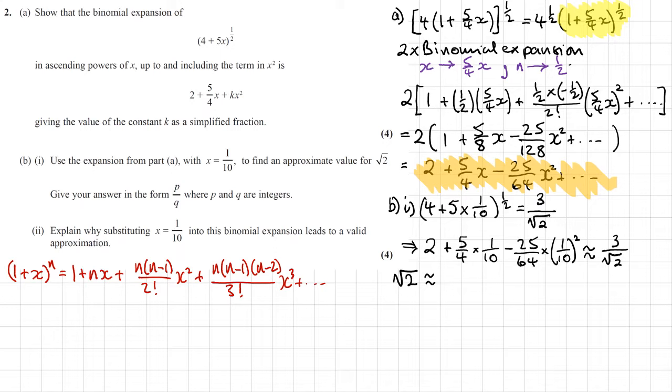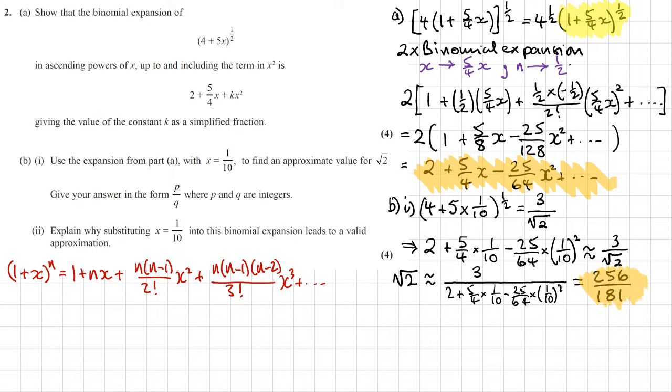And that's going to be 3 over 2 plus 5 over 4 times 1/10 minus 25 over 64 times 1/10 squared. Now the fraction that gives me on the calculator is 256 over 181. There's no point pressing my SD button because we need to give our answer in the form p over q. So here p is 256 and q is 181.